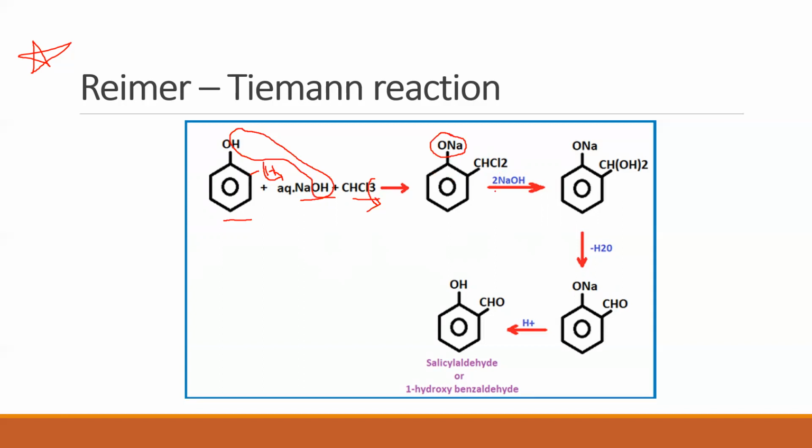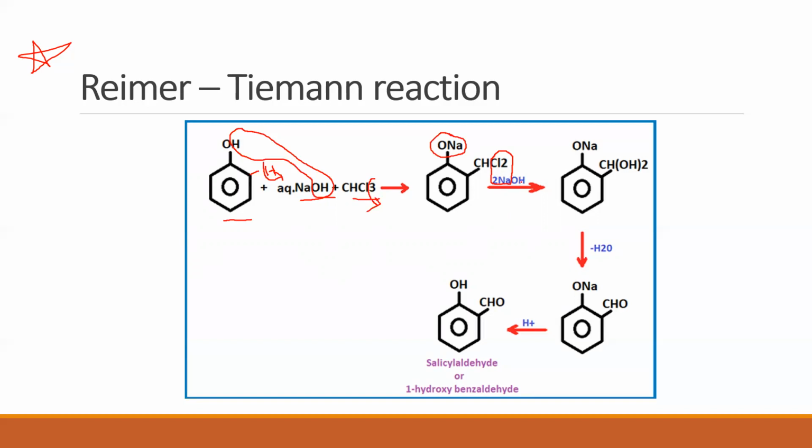To this, we add 2 moles of sodium hydroxide. Now, why are we adding 2 moles of sodium hydroxide? Logic is simple. The 2 sodium atoms will take away both the chlorine atoms to go out as NaCl. So 2Na takes away 2Cl to go out as NaCl. Now, in place of both the chlorines, who's going to get substituted now?